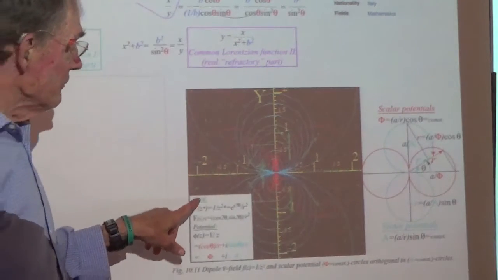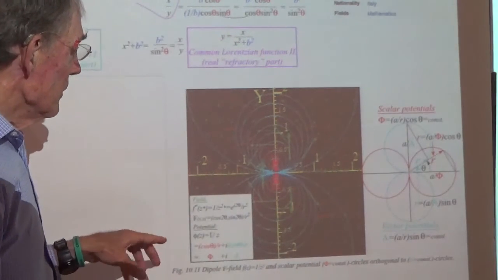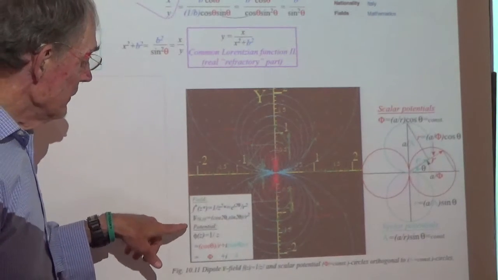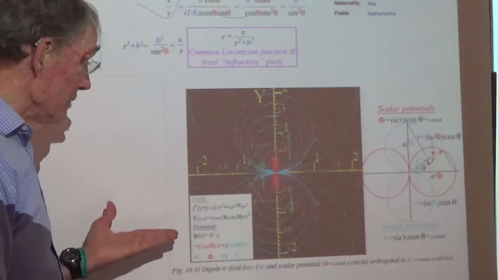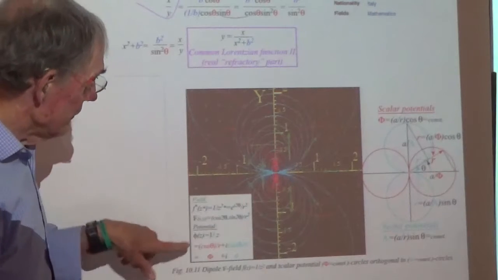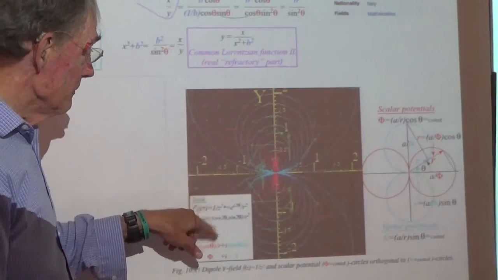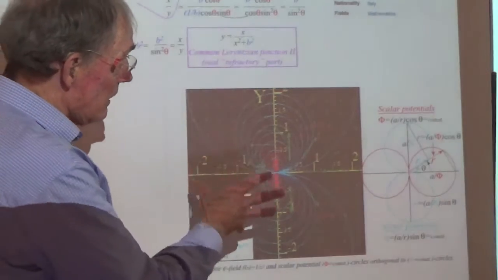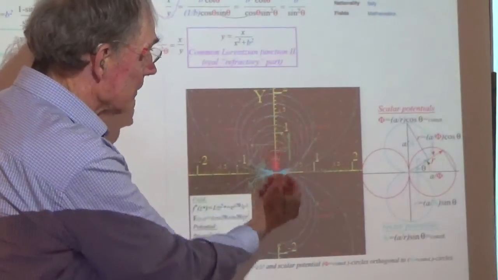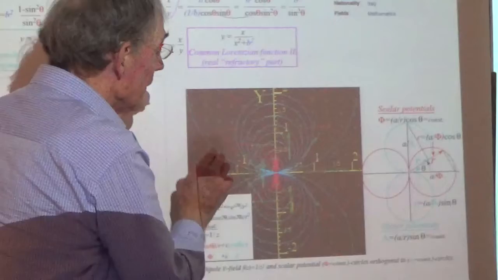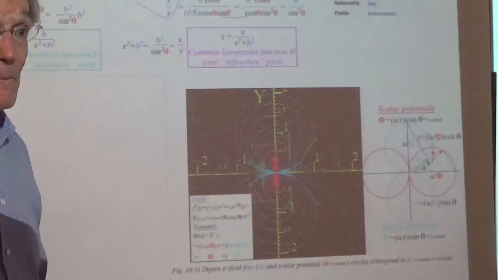And then the field, where you take the force field as the derivative without a minus sign of the potential, and that's 1 over z squared. So we're plotting the flow lines, that's the blue stuff, remember? And the potential lines, they're all circles. Remember that?